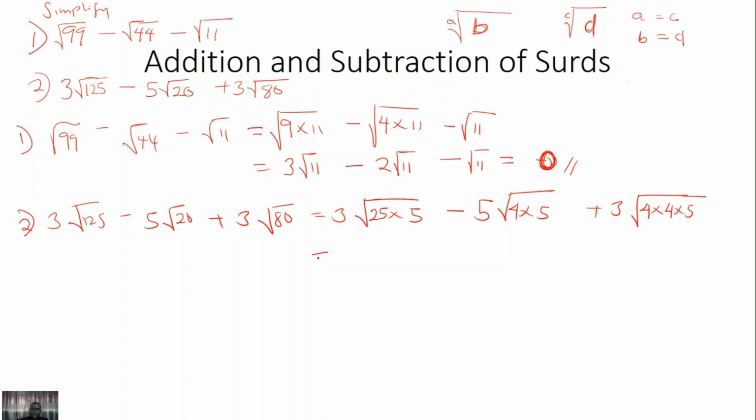This will be equals to 3 times root of 25, which is what? 5. Root 5, okay, minus 5. Root of 4 is what? 2. Times 2 root 5 plus 3.